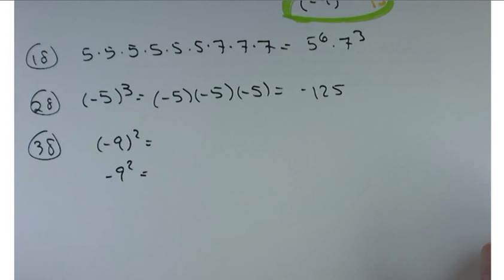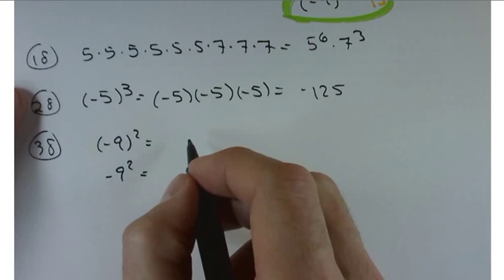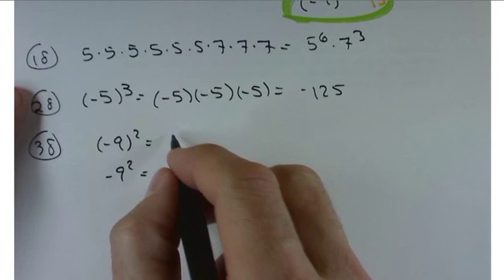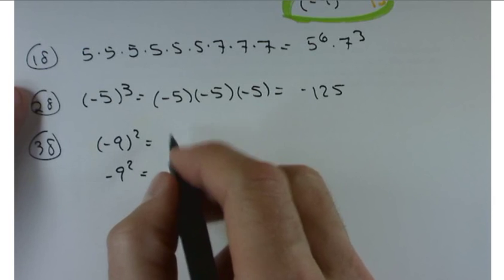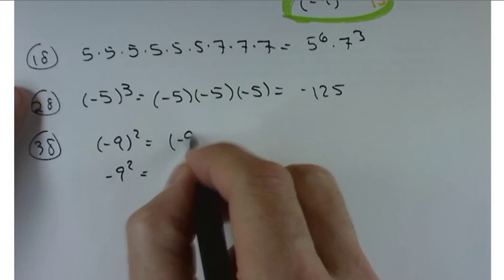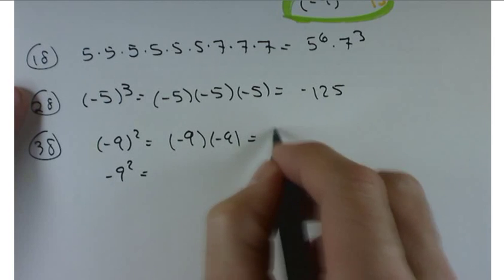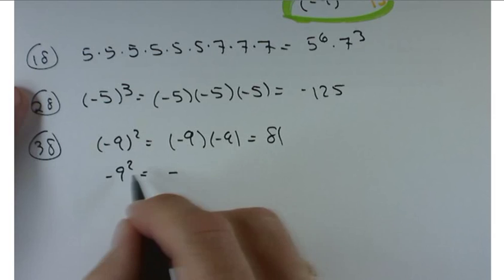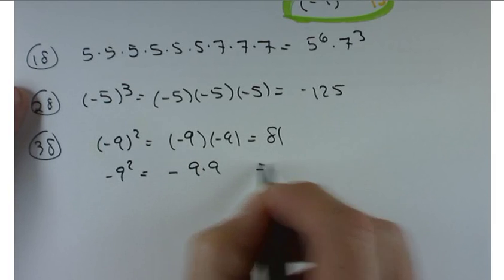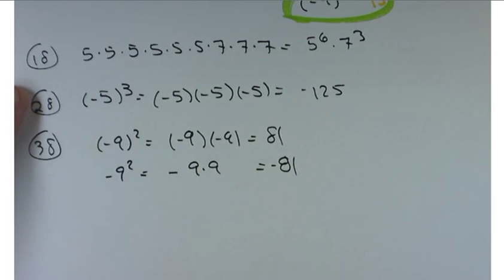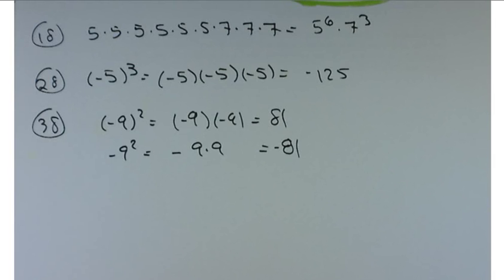Andrew, want to give that one a shot? What's this one look like? For the first one? There we go. So negative 9 times negative 9 is 81. Here it's the negative of 9 times 9, or negative 81. Good, thank you.